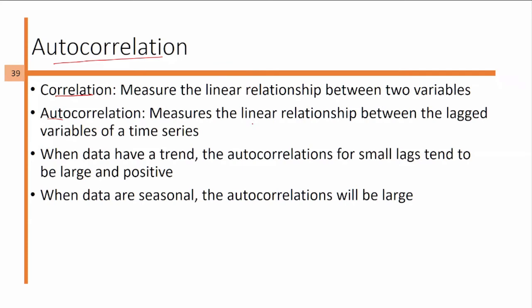So it measures the relationship between the lag values of a time series. When the data have trend, the autocorrelations tend to be large and positive. And when the data is seasonal, the autocorrelations will be large.